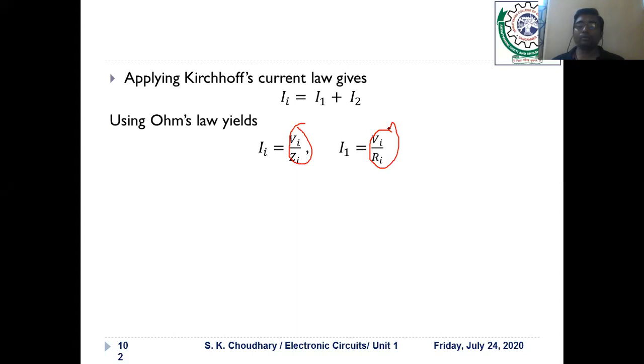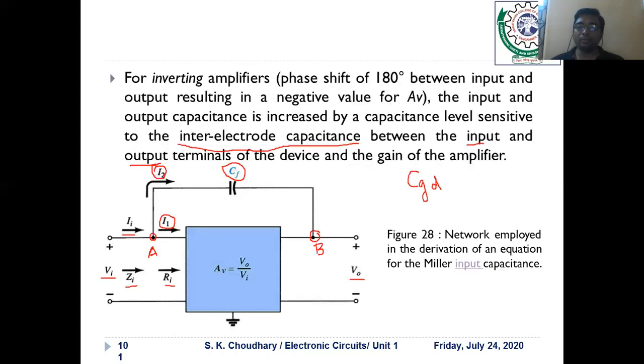Now we have to define I2. If you see this diagram, what is I2? I2 is a current, so as per Ohm's law, it is voltage upon impedance or resistance, you can say. So what is the voltage across it?